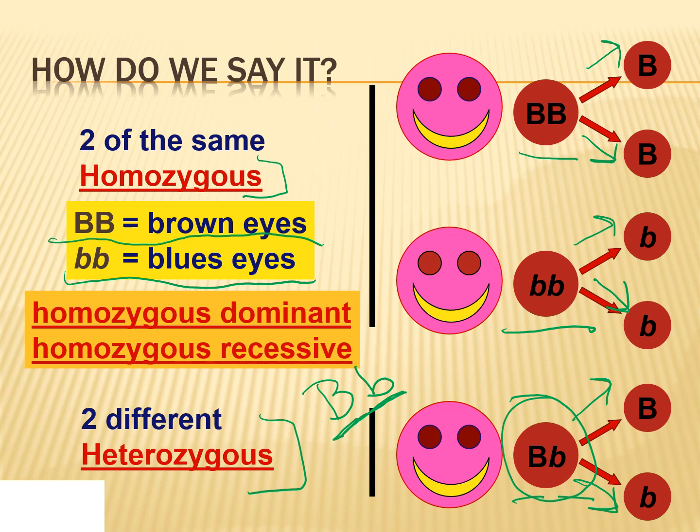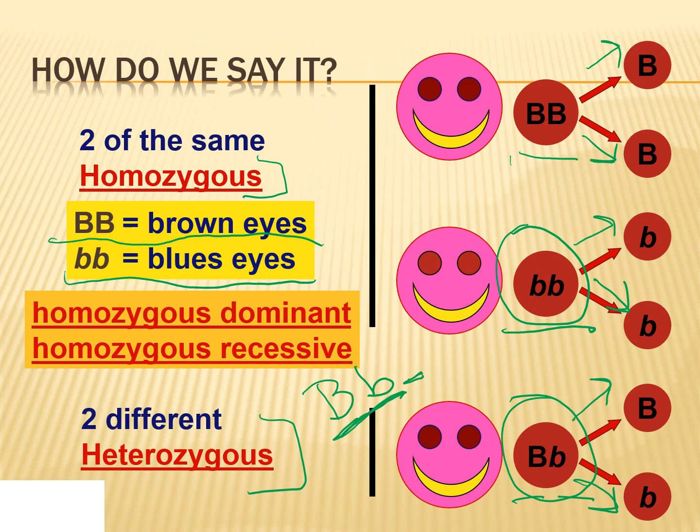It just means that the blue allele is a mutation and that mutation results in not any pigment being made in the eye, and with the absence of pigment, it's a blue color. But if you have at least one of the brown alleles, then you make enough brown pigment to have brown eyes. So the only way you can have blue eyes is to have two blue alleles.